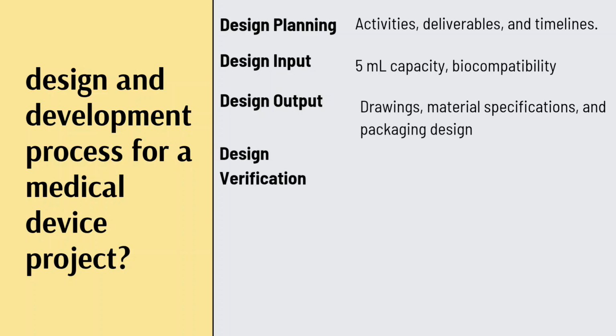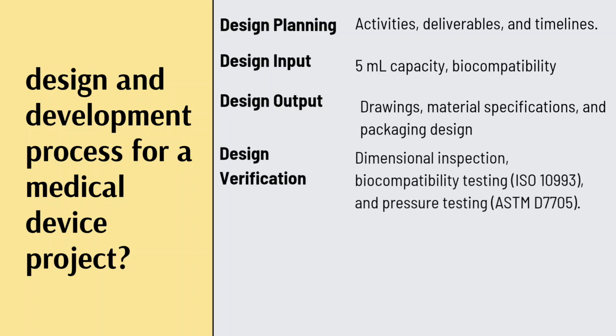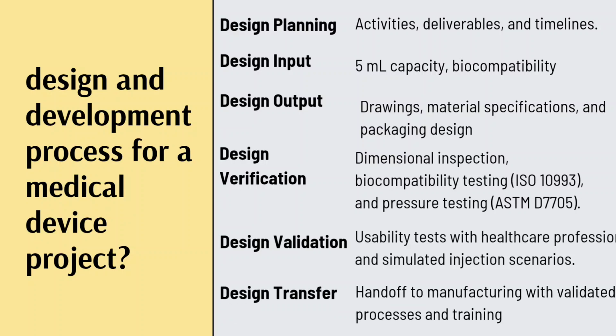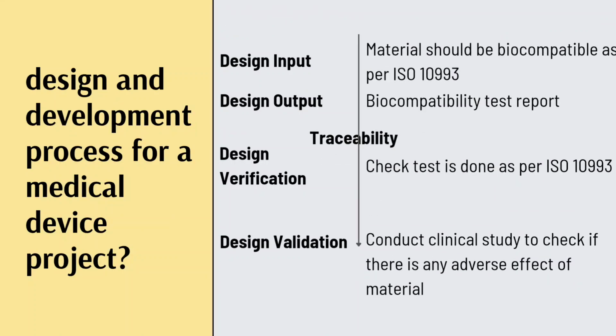Verification. Verified outputs using dimensional inspection, biocompatibility testing (ISO 10993), and pressure testing (ASTM D775). 5. Validation. Conducted usability tests with healthcare professionals and simulated injection scenarios. 6. Design transfer. Ensured seamless handoff to manufacturing with validated processes and training. 7. Traceability. Maintained a design traceability matrix linking inputs to outputs, verification, and validation.